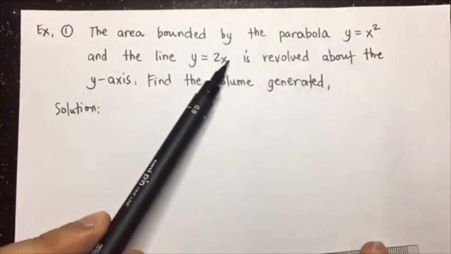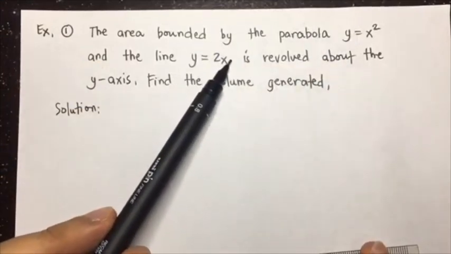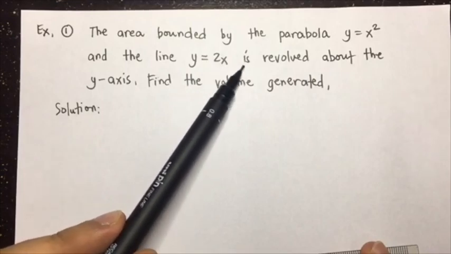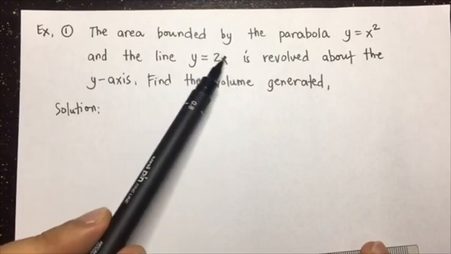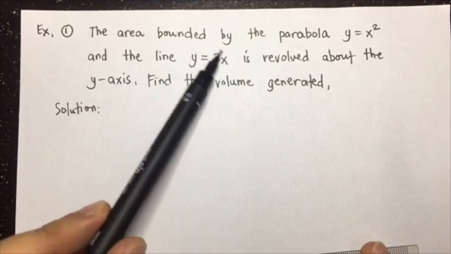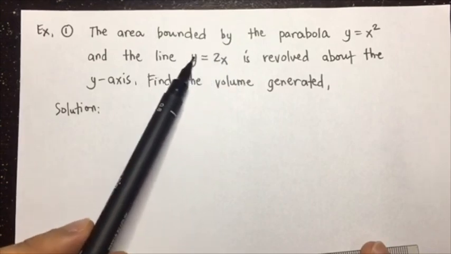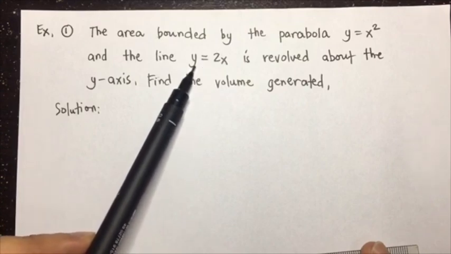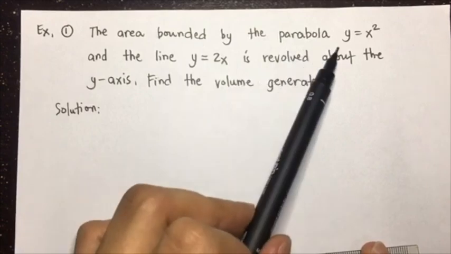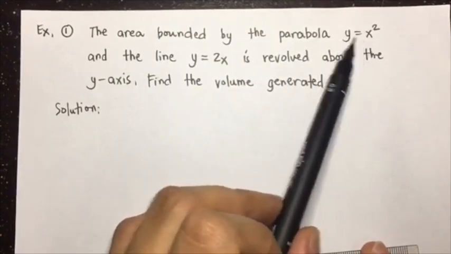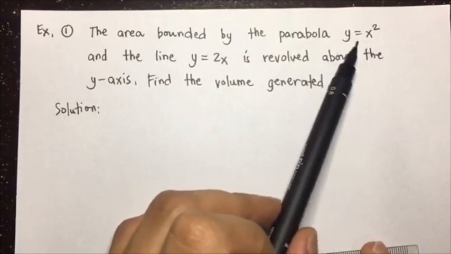It has a y-intercept of 0, since y is equal to mx plus b and we don't have b, so b is equal to 0. So this line passes through the origin. Also this parabola has a vertex at the origin, opening upwards.